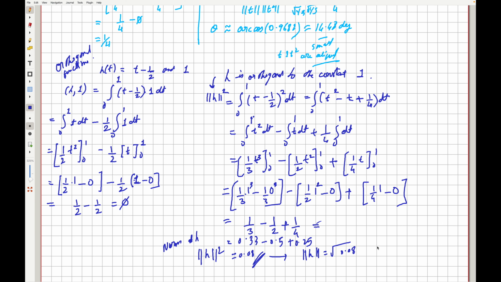And to get the value of that, let's try and get that as well. So what we have, 0.08, and to get the square root of that, we simply do square root of 0.08 and we get 0.2828.